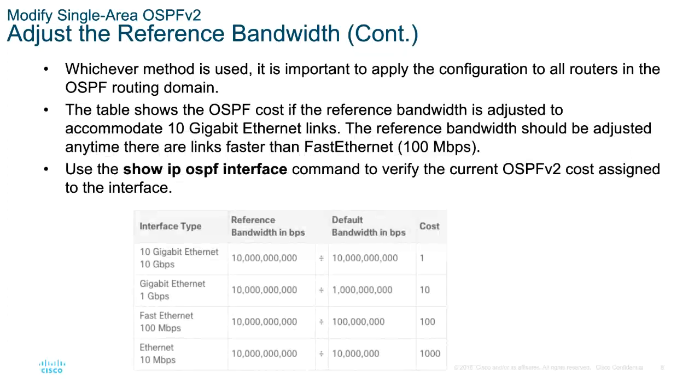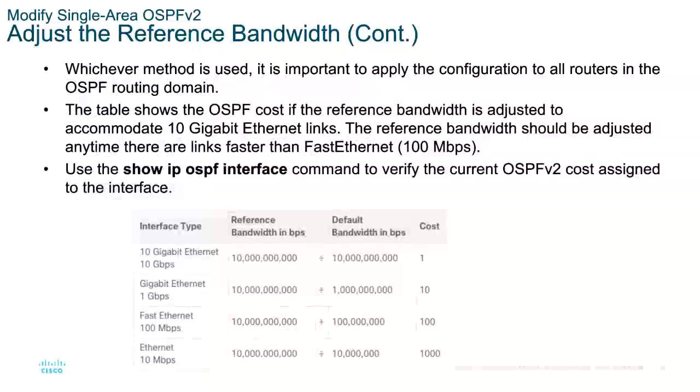So our 10 megabits per second interface is now costing 1,000 to use, whereas our gigabit interface is costing 10. So we have the relevant costs and differences in performance that using those links would actually cost the protocol to use.